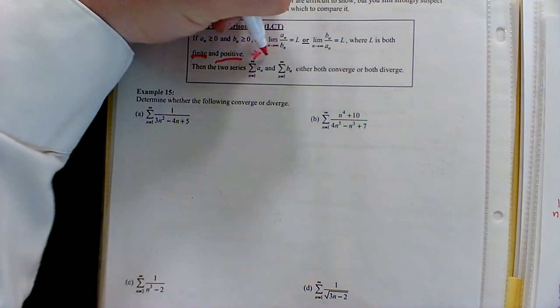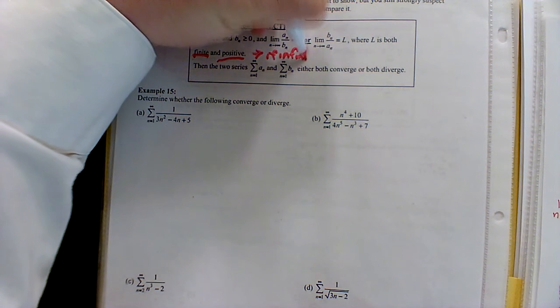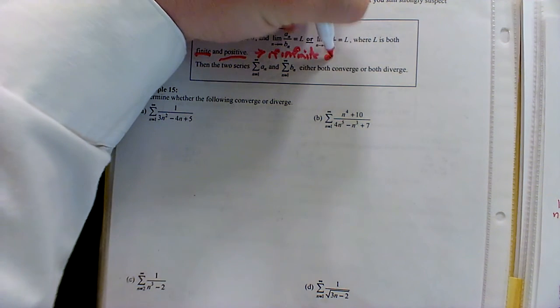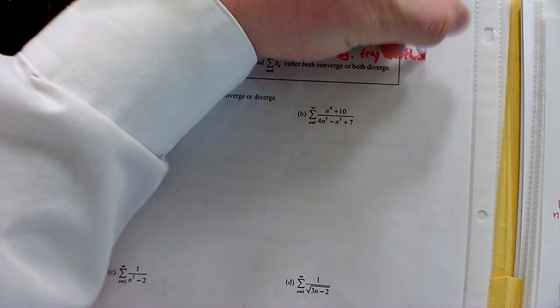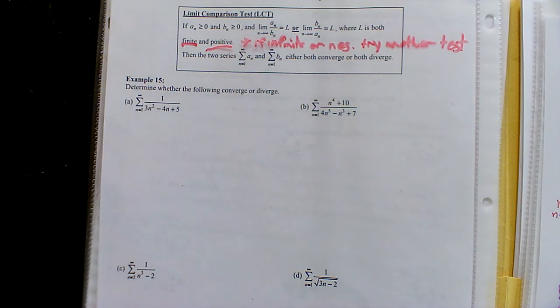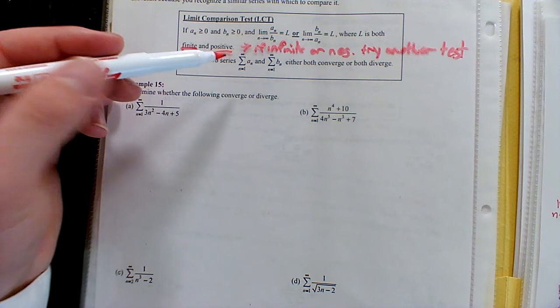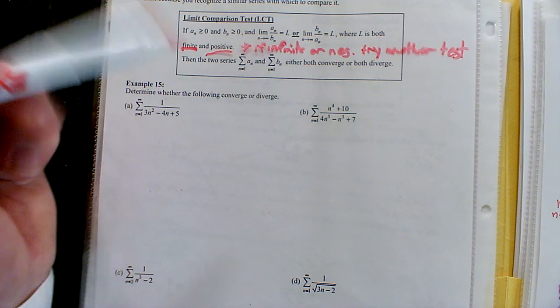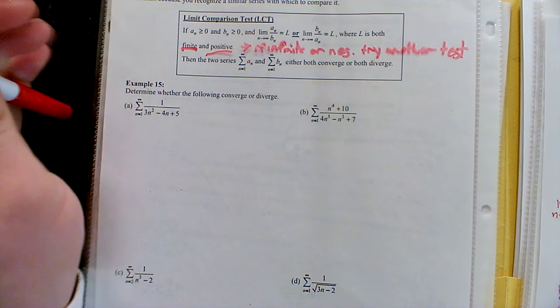So in other words, if it's infinite or negative, try another test. So it needs to be finite and positive. But then the two series, the summation of an and the summation of bn, either both converge or both diverge. Okay?